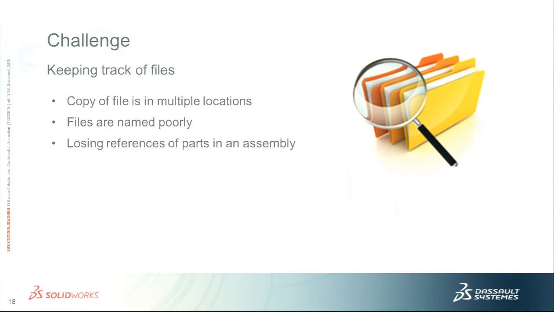And then I open up another file that is the top or the bottom piece. Well, whatever's in read-only memory at the time, that's the only part I'm going to get open. So I want to make sure that you keep your files named separately. And another challenge is losing references of parts in an assembly. So I'll talk about that a little bit as well.